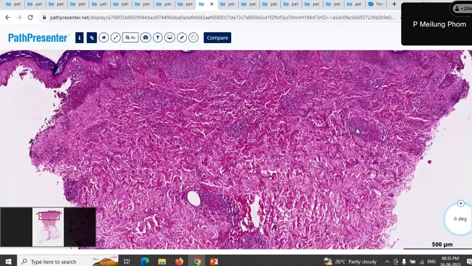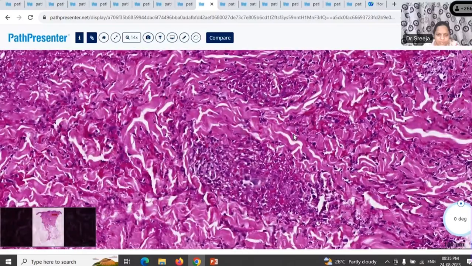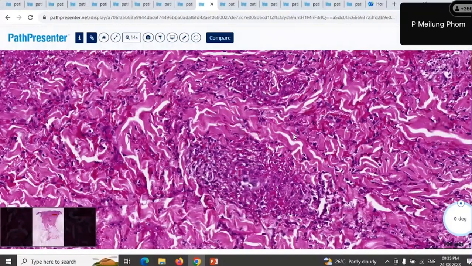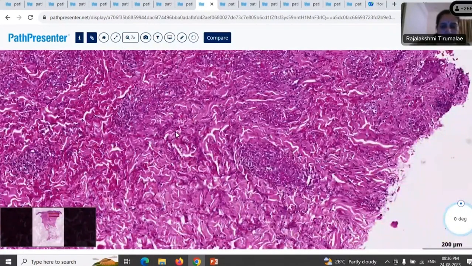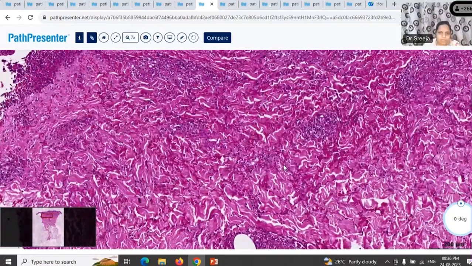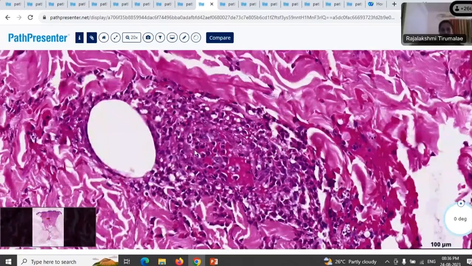What are you seeing here? You're right in that it appears nodular, but where is it? Is it centered around some particular structures? Perivascular infiltrate, ma'am. Yes, so it is perivascular and also nodular. And what else are you seeing at the center? What is this?